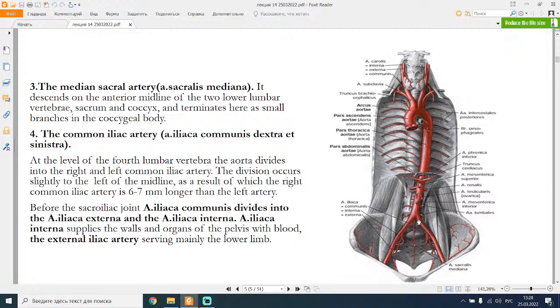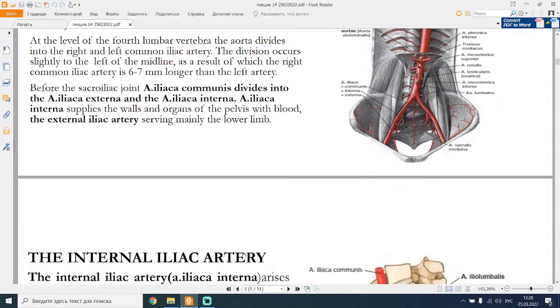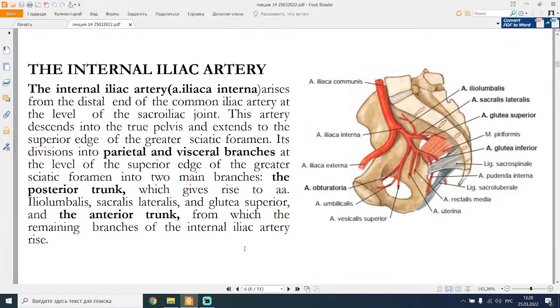Arteria iliaca communis, arteria iliaca externa, arteria iliaca interna. The internal iliac artery arises from the distal end of the common iliac artery at the level of the sacroiliac joint.